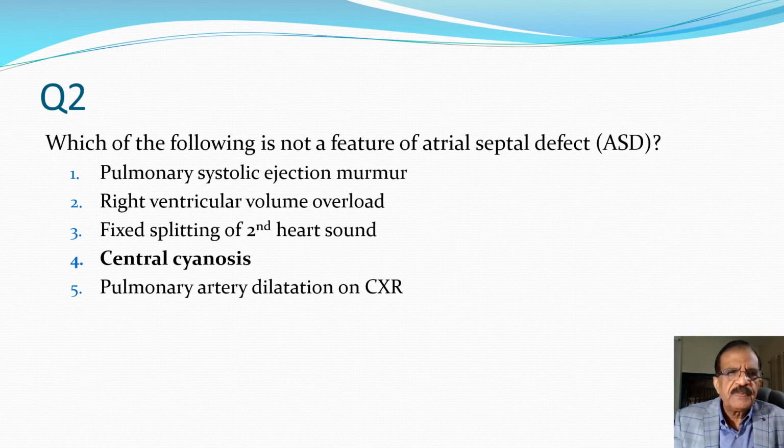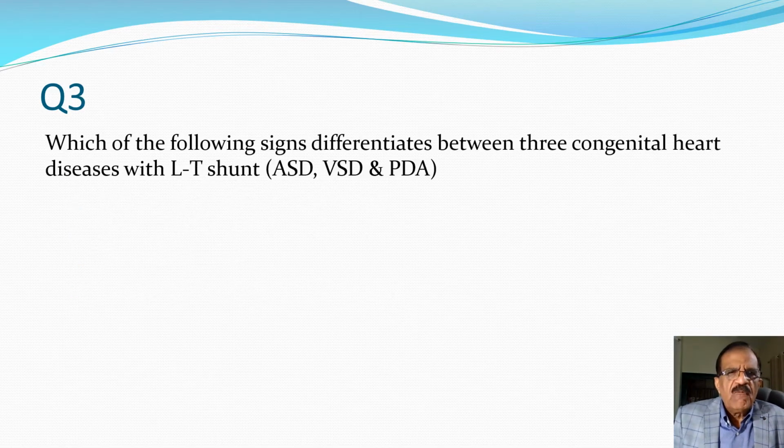Next, which of the following signs differentiates between three congenital heart diseases with left to right shunt? Just to remind you, I emphasized that there are many features which are common to all three left to right shunts. And the left to right shunts are ASD, VSD, and PDA.